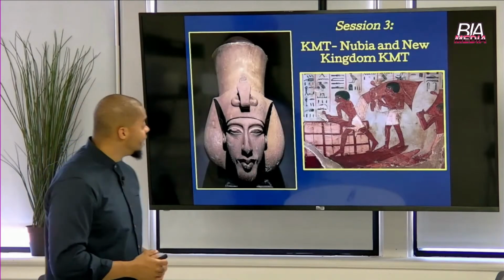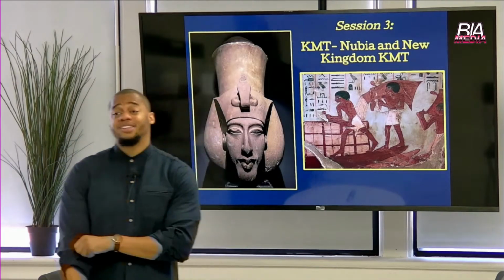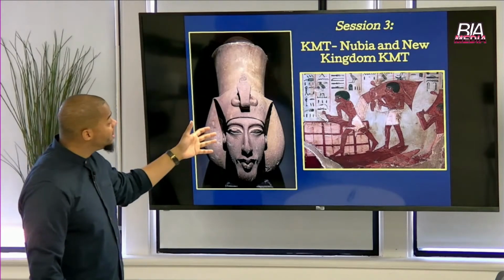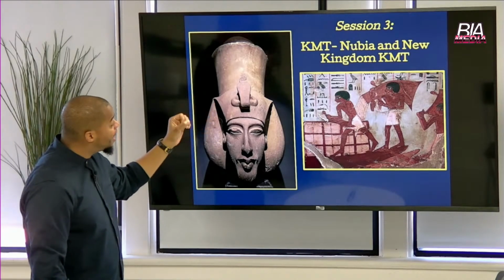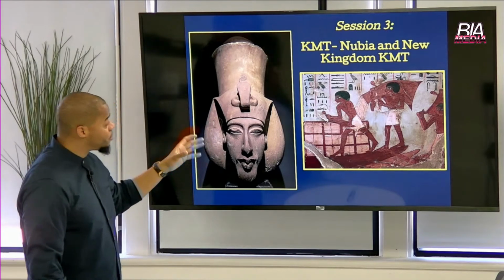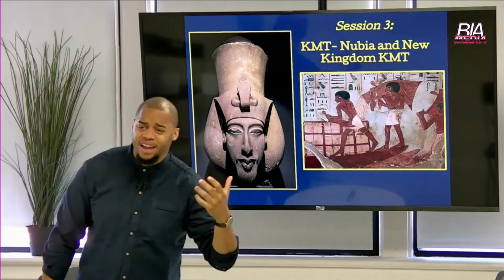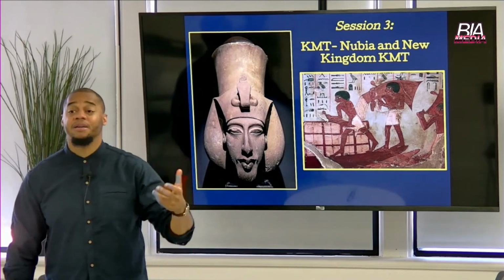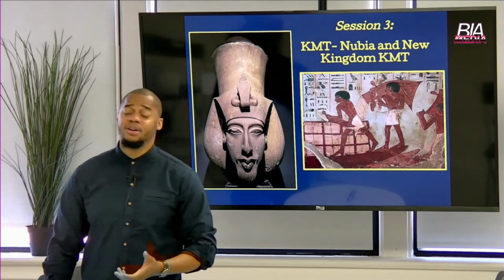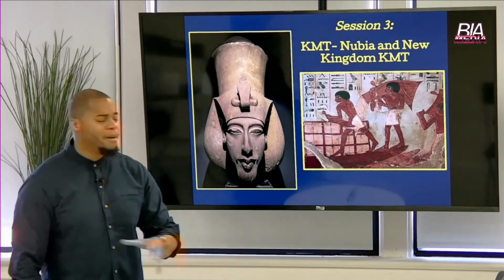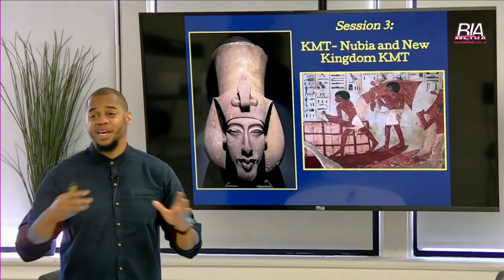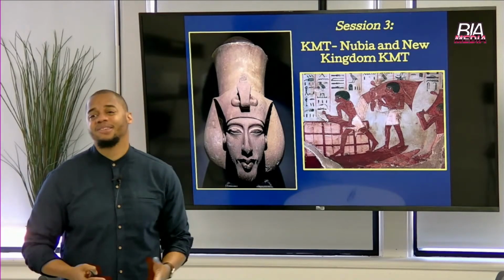All right, session 3, what we are talking about today. We are going to be talking about Kemet, or ancient Egypt, Nubia, and the New Kingdom. We're going to talk about the Middle and the New Kingdom, because last week I stopped right after the discussion of the first intermediate period in ancient Egyptian history and started talking about the Middle Kingdom, but I don't want to gloss over the Middle Kingdom because it gets glossed over so much in history and in presentations of ancient Egypt.